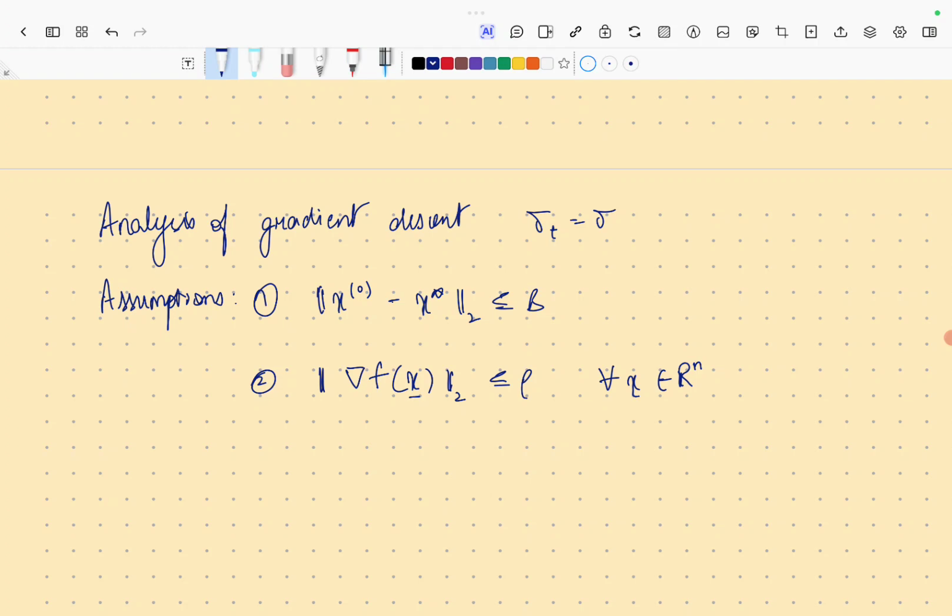The first assumption, you can think of it as a parameter. I know, but how long you take to converge to the minimum depends on b. So if you want to choose an appropriate delta, in fact, we choose delta depending on b and rho. The choice of delta depends on b and rho, which means that you know these beforehand.